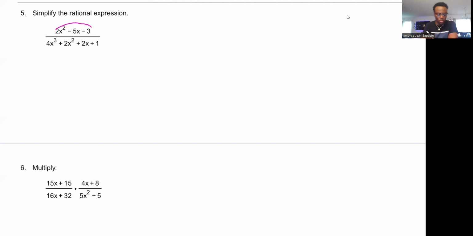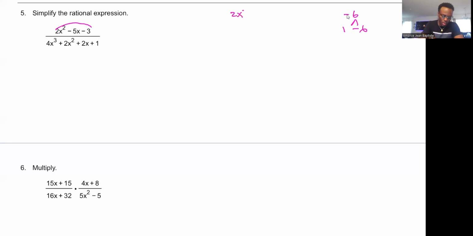Multiply negative 2 and negative 3, that's negative 6, and find two factors of negative 6 that the sum is negative 5. Two factors of negative 6 that the sum is negative 5 will be 1 and negative 6. So then you break down the negative 5x as negative 6x plus x.